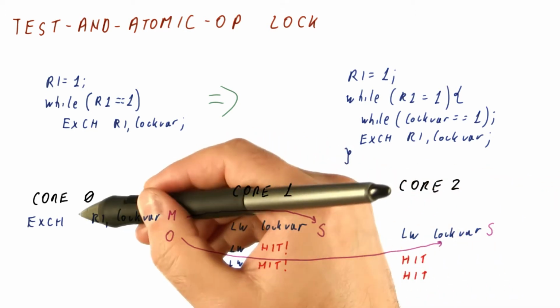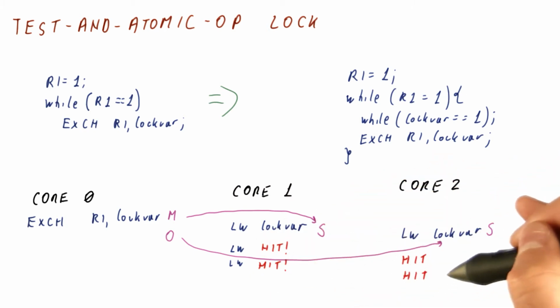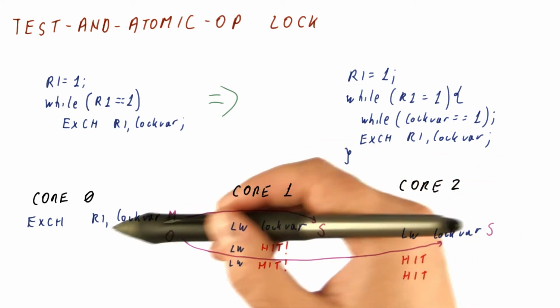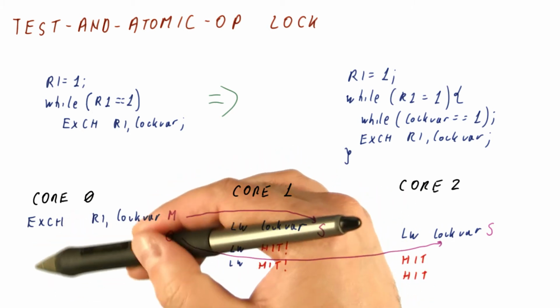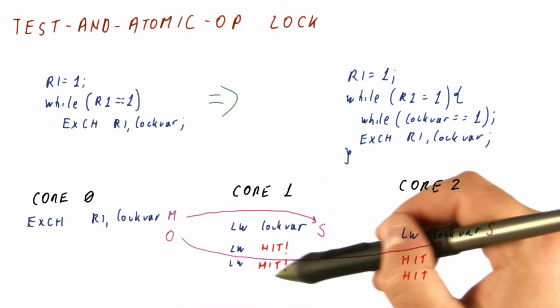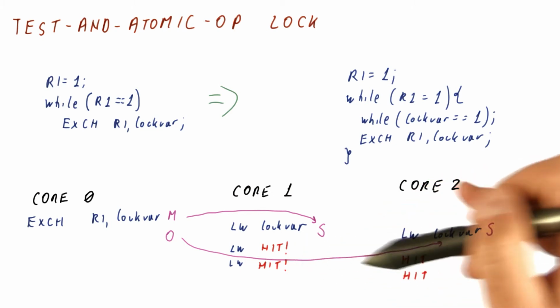So as long as core 0 keeps the lock busy here, these two cores are no longer generating bus traffic. So core 0 basically gets the entire coherence bus to itself, so it can very quickly service cache misses, and cache hits here are much more efficient than bus accesses.